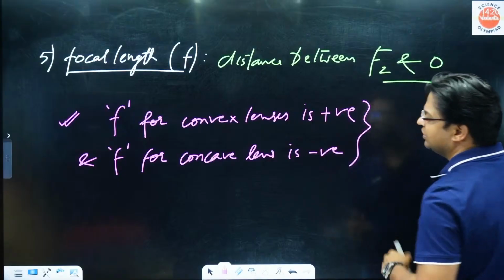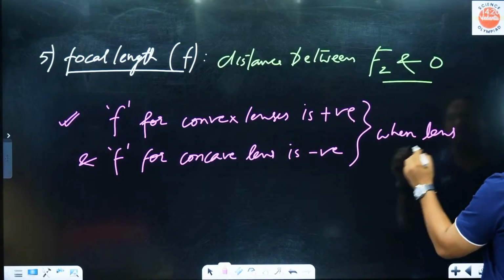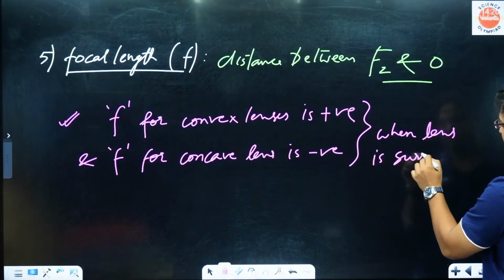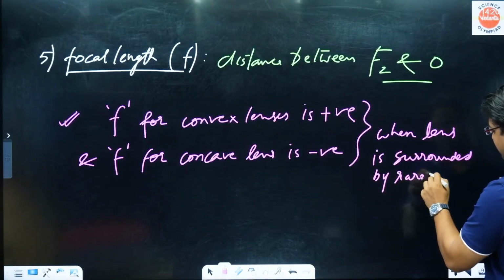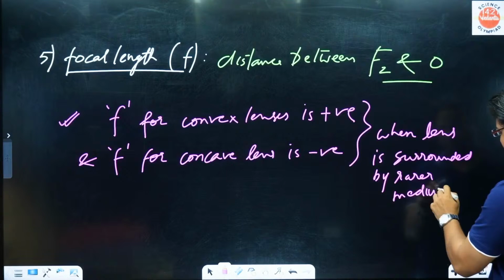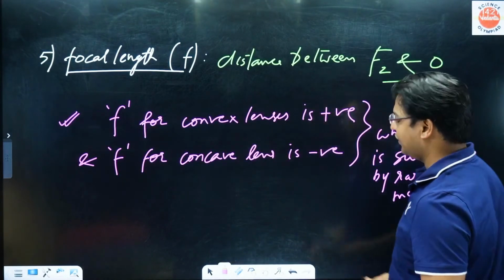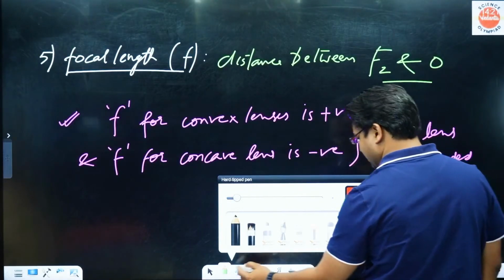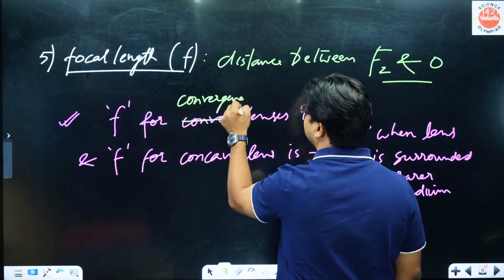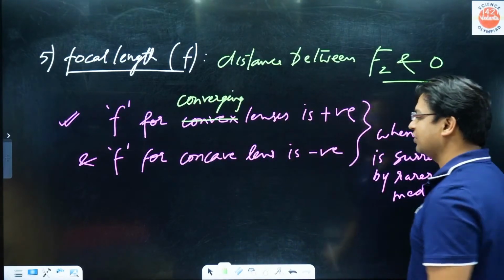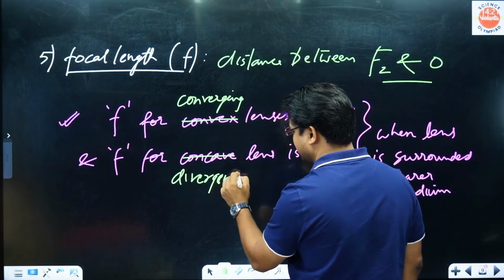This is when they are in air, or you can say that when the lens is surrounded by a rarer medium. I'll actually present this statement in a better manner. Focal length for converging mirrors or converging lens is positive, and focal length for diverging lens is negative.